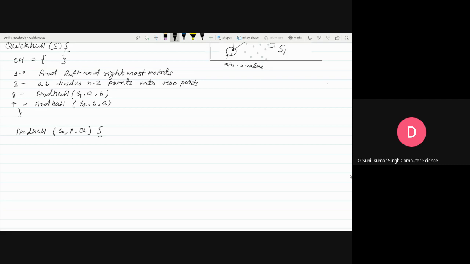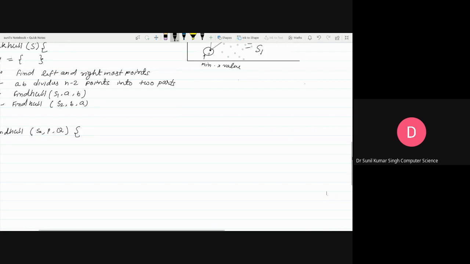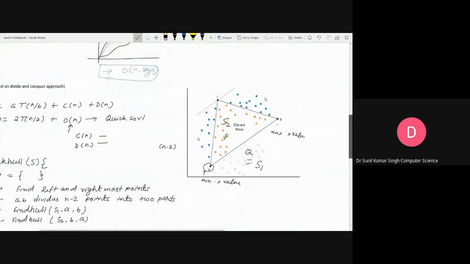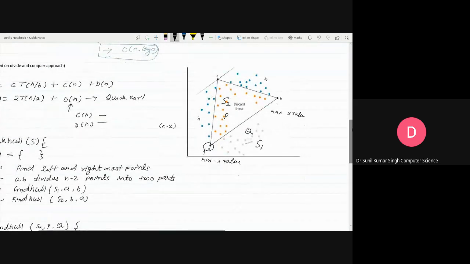Then what we have to do is choose the farthest point with respect to these lines. Of course, for S1, A, B, we have to choose the farthest point on the right side of AB. The right side of AB is this one, and maybe you can think this one is the farthest point, so you join like this.